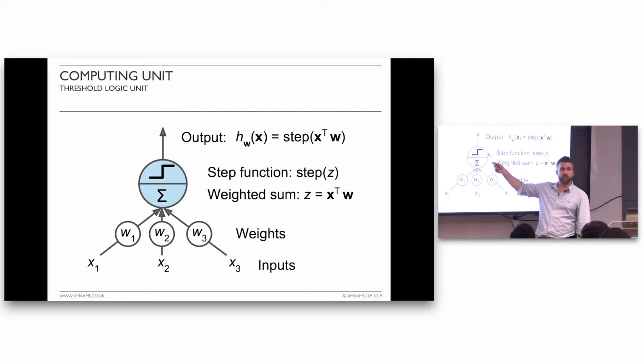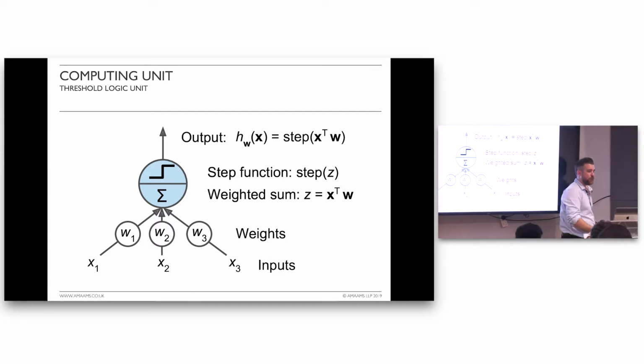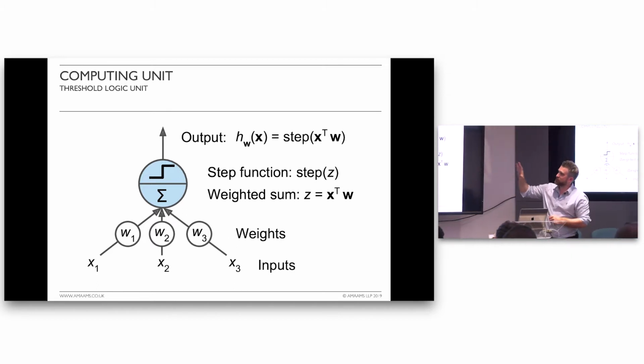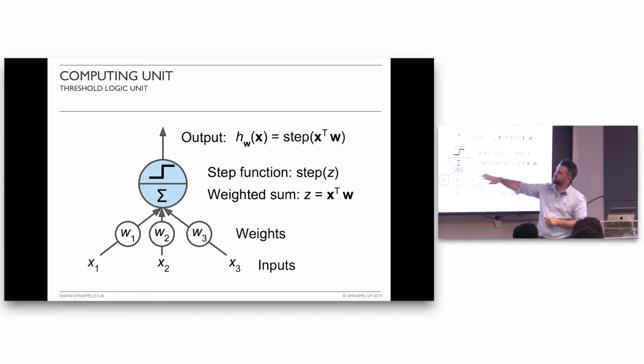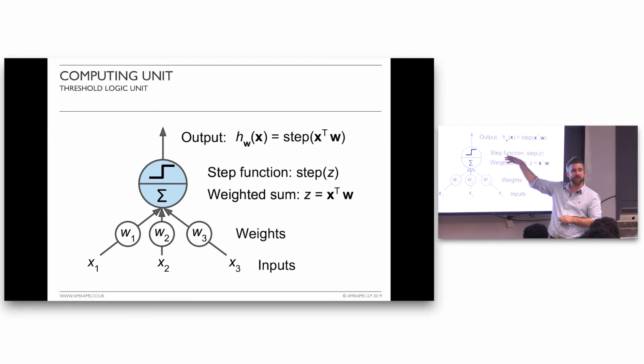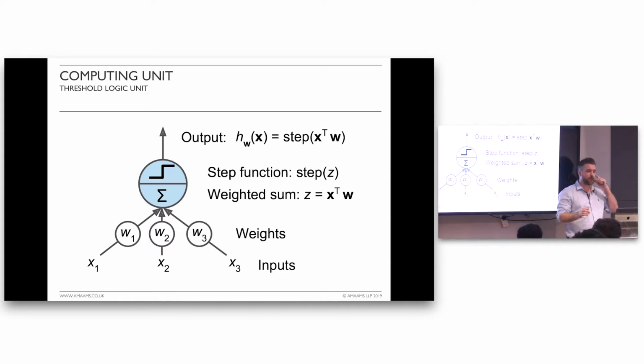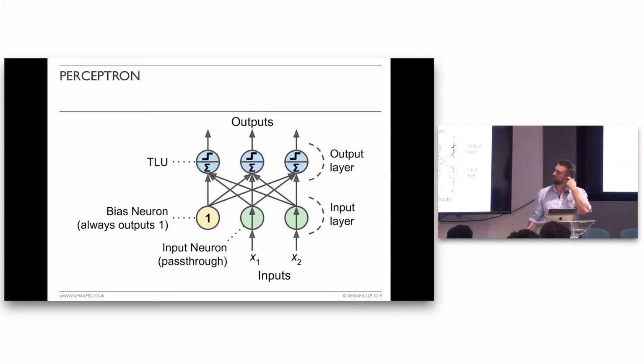Then we threshold, or we have an activation function which says that if the sum of the weighted data gets above a certain threshold, produce an output. So that's a computing unit, or a neuron. The idea is that you would be able to combine these together to start to do logic. A lot of the early work was how do we produce logic gates, essentially, from these things.